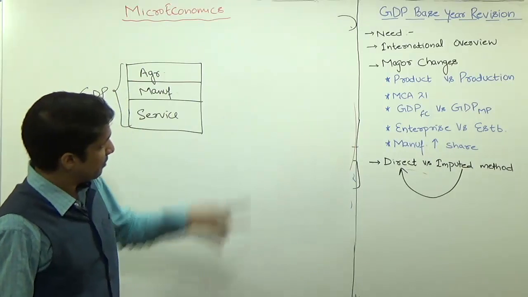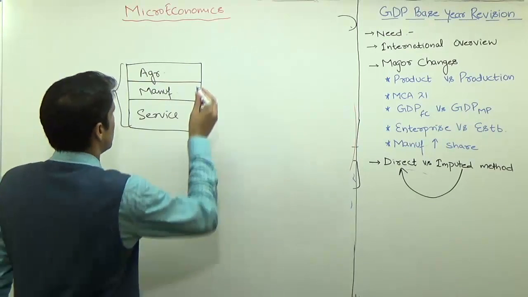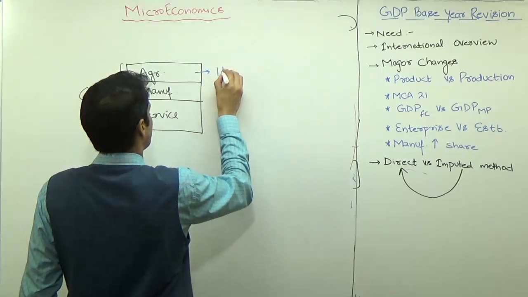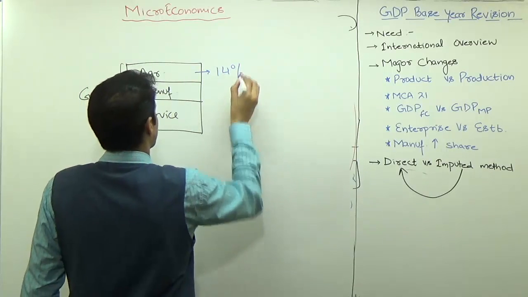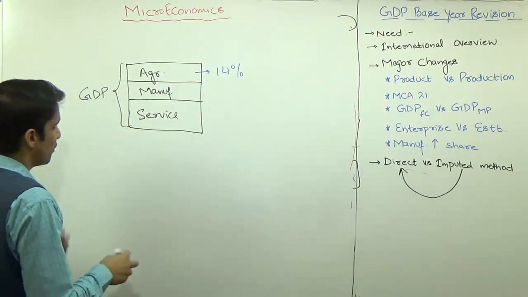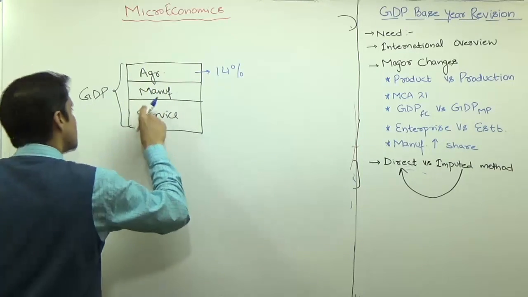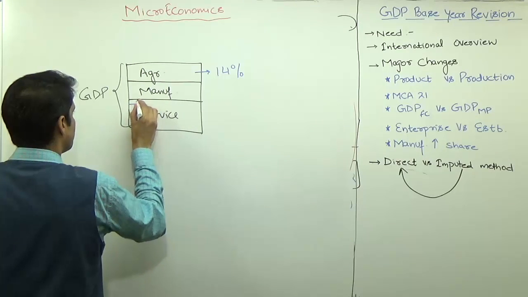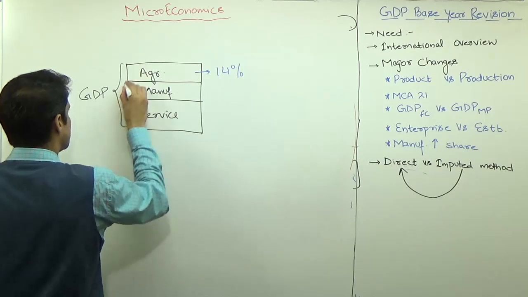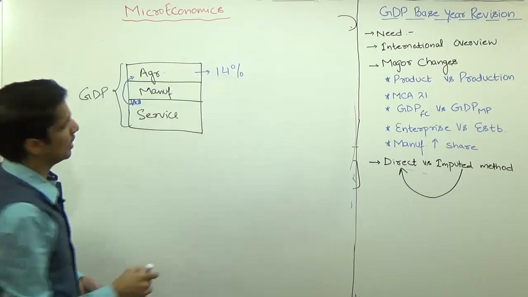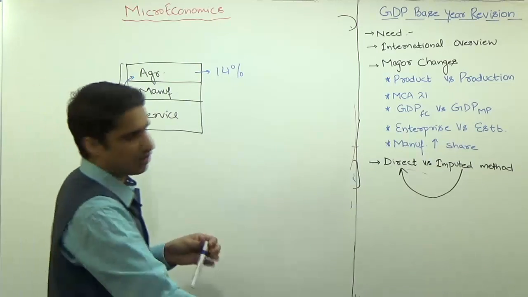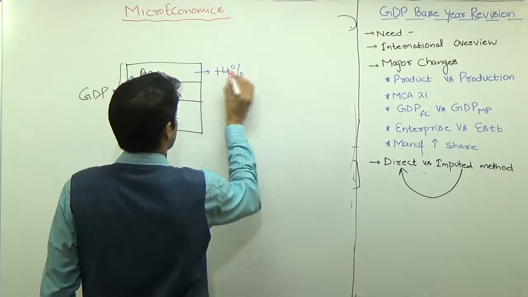So before this GDP base year revision, agriculture was giving 14%, you are right. But the number of items that earlier you were considering under the service sector, if some of these items are now counted under agriculture, the share of agriculture has to increase.